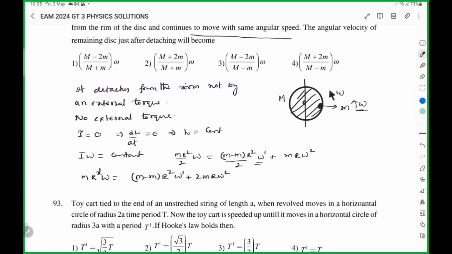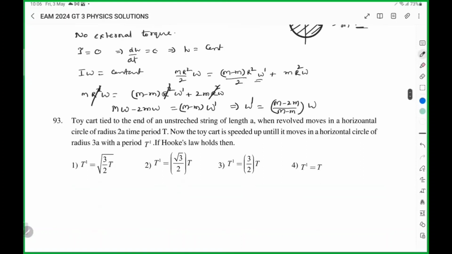So angular momentum is M R square omega, and M V R is m R square omega. R square gets cancelled everywhere. Capital M omega minus 2m omega equals (M minus m) omega dash, so omega dash is (M minus 2m) by (M minus m) of omega.